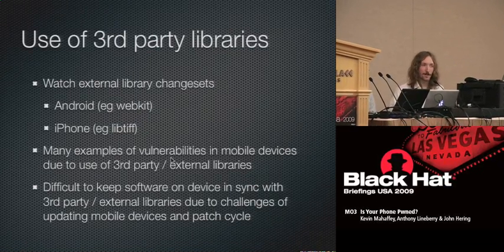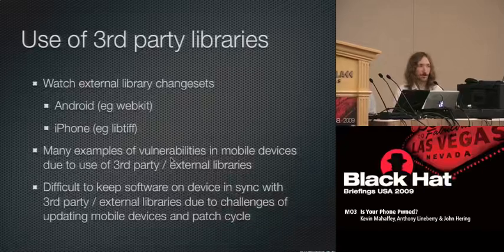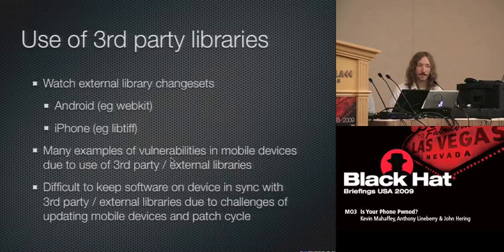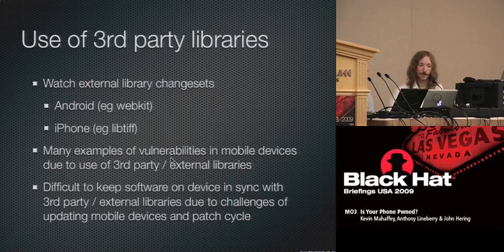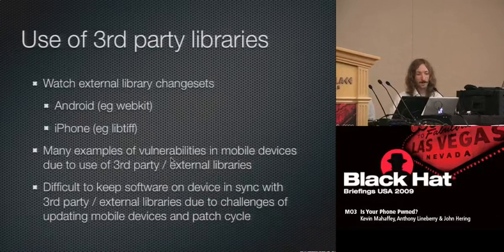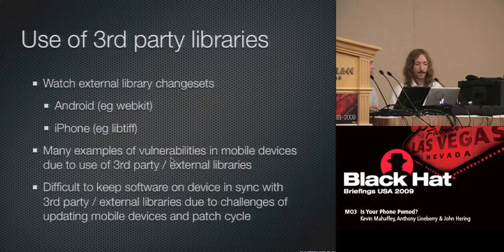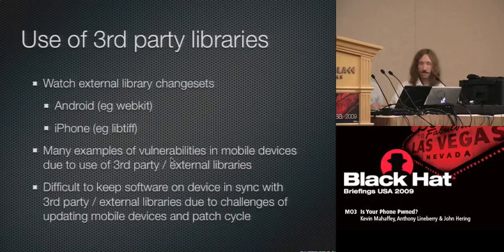I know some of the very first Android vulnerabilities found were Alfredo Ortega's, I think it was in libbmp and some PNG stuff, back when it was just an SDK release before any actual hardware was released. The iPhone, they had problems with libtiff like a year or so ago. And a lot of these problems, you can just look in the change sets for these third-party libraries. Grep for security. Yeah.